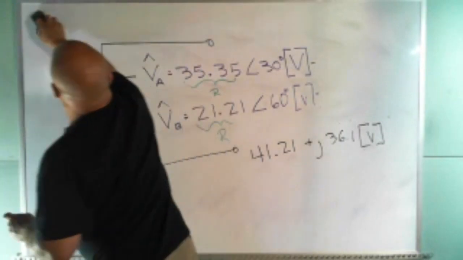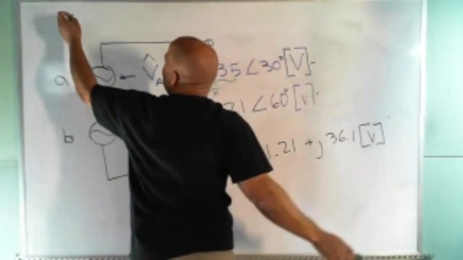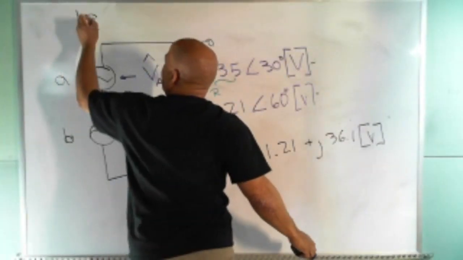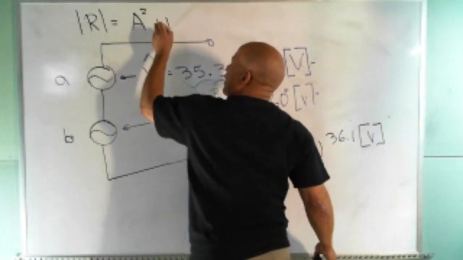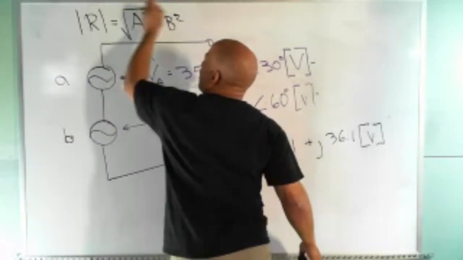Now remember, to go back, to get the radius vector, you take A and square it, B and square it, and take the square root of it.